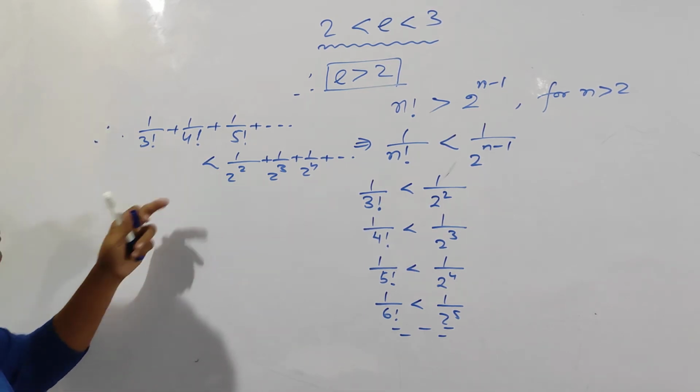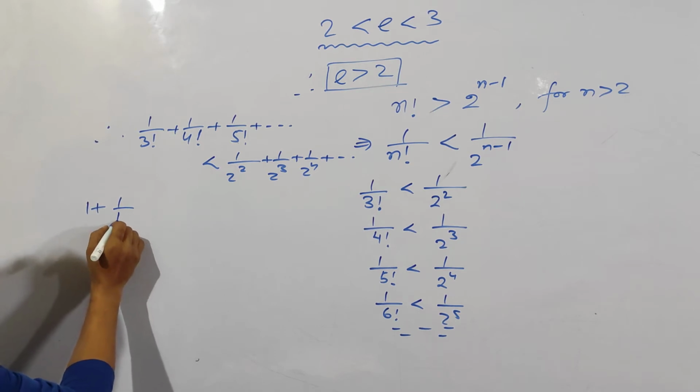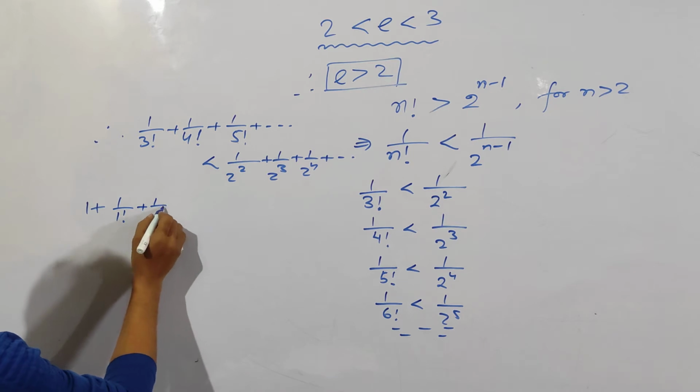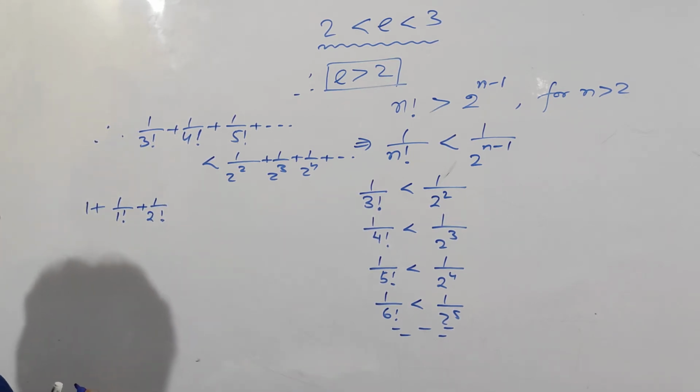So I am adding 1 plus 1 factorial plus 1 by factorial 2 to both the sides. Clear?